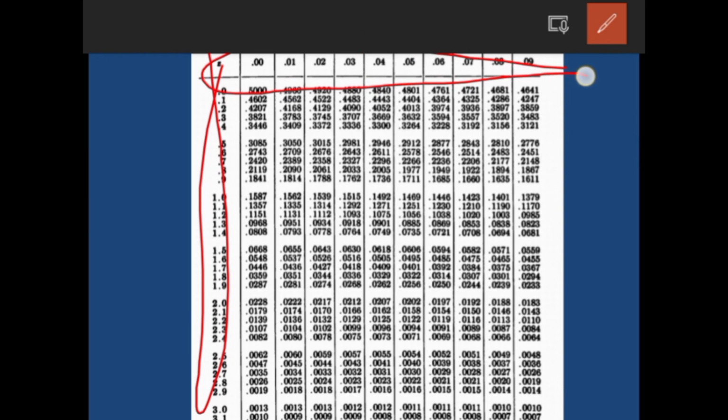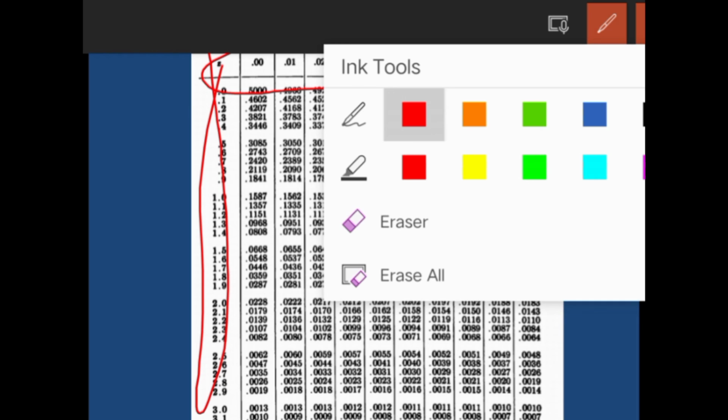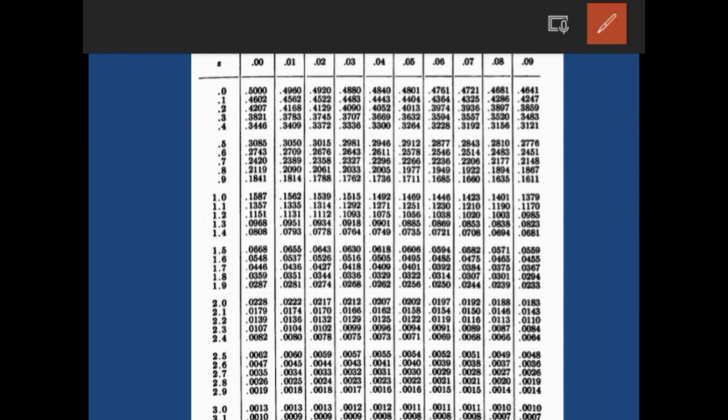The top row gives various values to the second decimal place. The value of our z is 2.9. Here we have 2.9 and 0.08. Nag-intersect sila dito sa 0.0014.